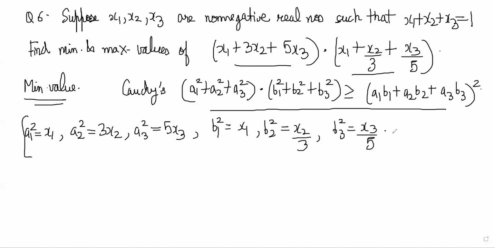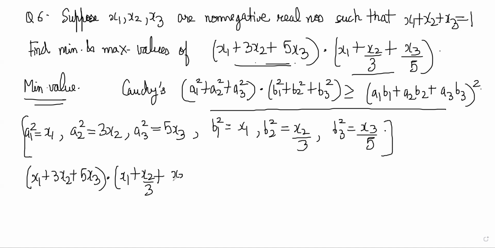So applying Cauchy with these terms for a1 and b1, what we will get is, this term here is directly a1 square plus a2 square plus a3 square. So we'll just write x1 plus 3x2 plus 5x3 multiplied by x1 plus x2 by 3 plus x3 by 5 should be greater than or equal to, now we do the a1 b1 terms, right?